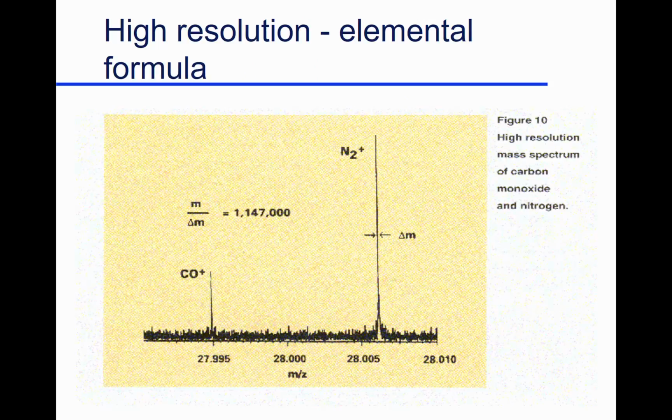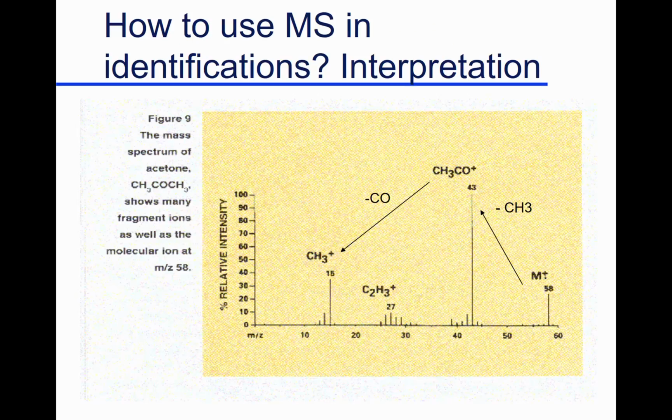There are many different categories of mass spectrometers, but two major categories. One is low resolution instruments, and that's what we see here. We see a mass of 15, a mass of 27, a mass of 43, and so on. And that's not exactly right, is it? Only carbon has a mass of 12.